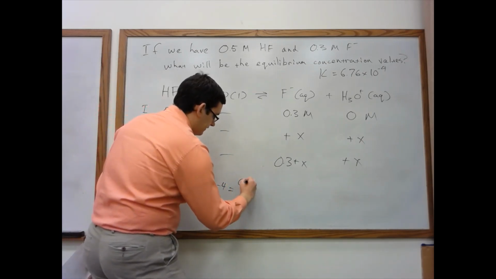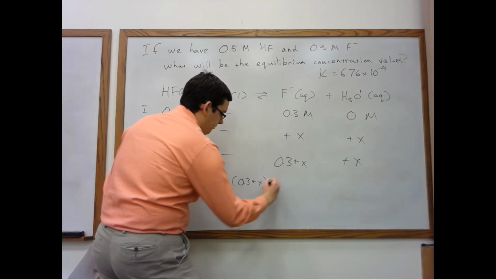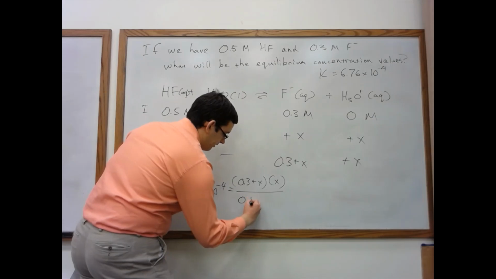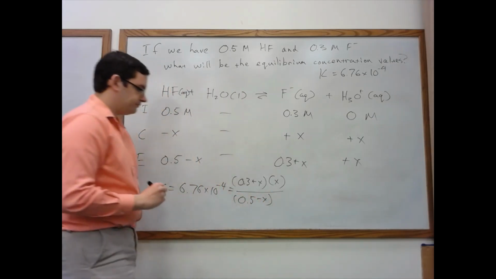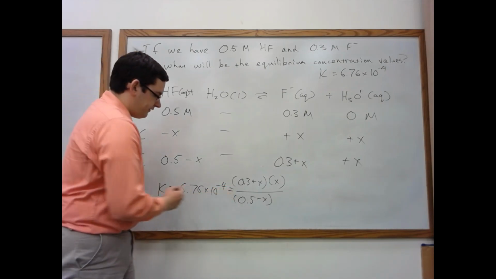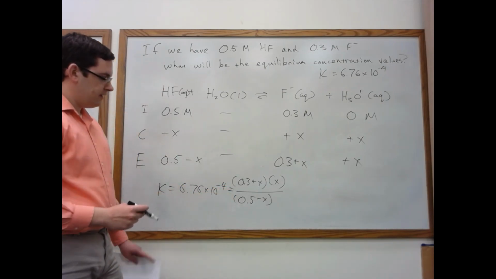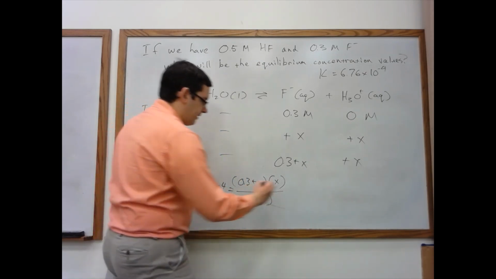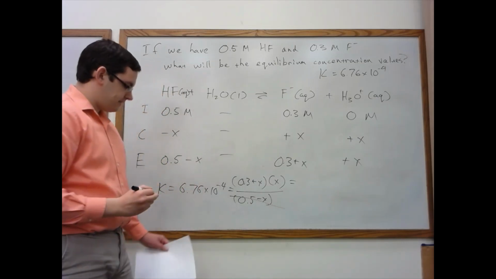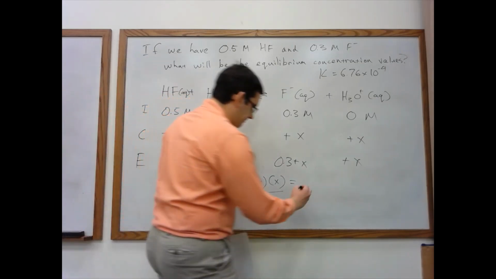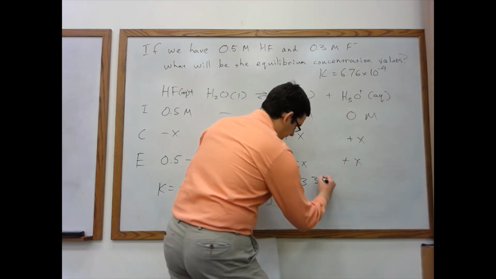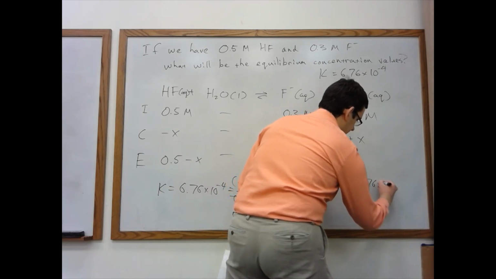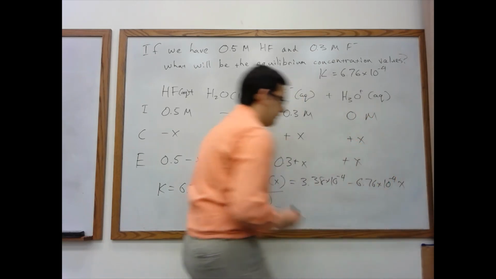So that would be our 0.3 plus X multiplied by our X value divided by our reactants, our 0.5 minus X. We can then multiply both sides by 0.5 minus X. So this will eliminate our 0.5 minus X value, and we just get 0.3 plus X times X equals 3.38 times 10 to the negative fourth minus 6.76 times 10 to the negative fourth X.